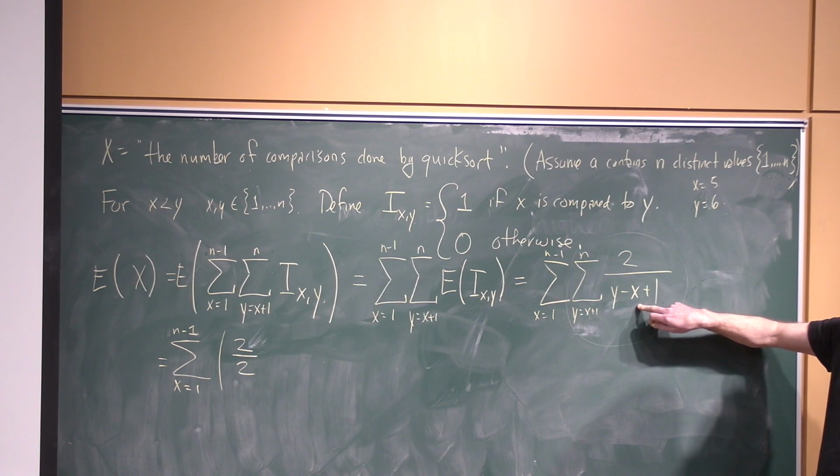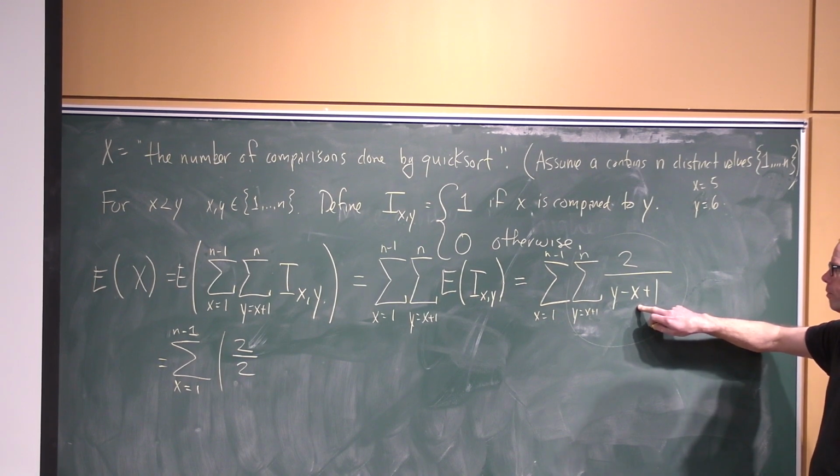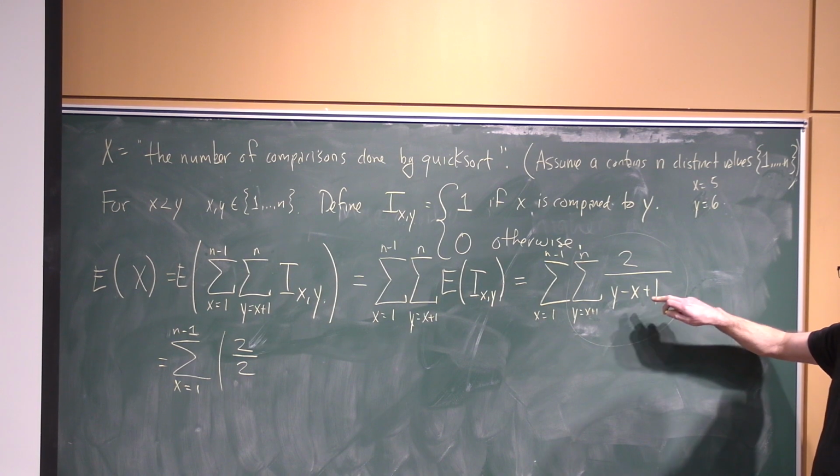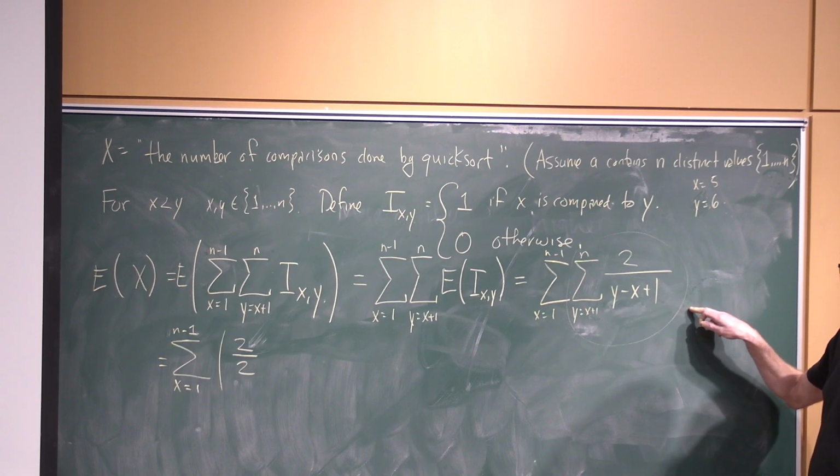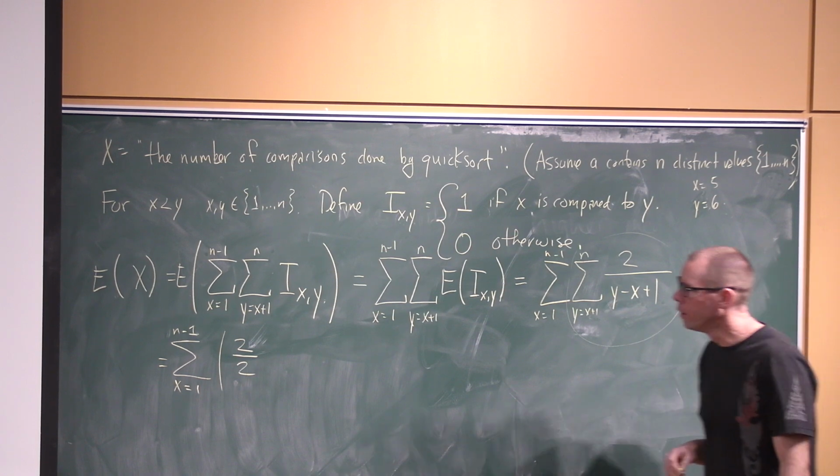So what's the denominator? It's just getting bigger by 1, right? Before it was 2, next time through it's going to be 3, time after that it's going to be 4, after that it's going to be 5.